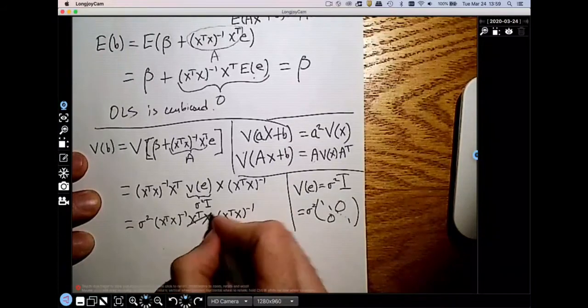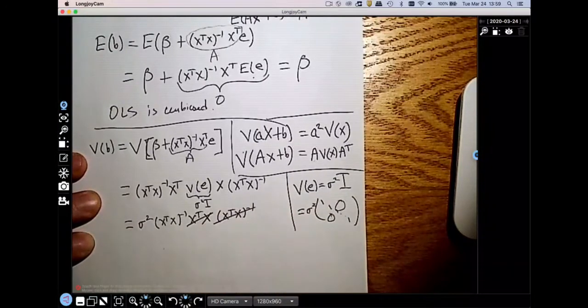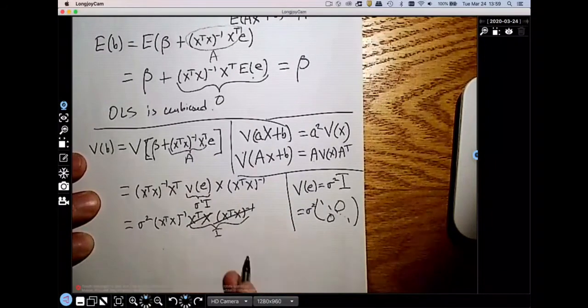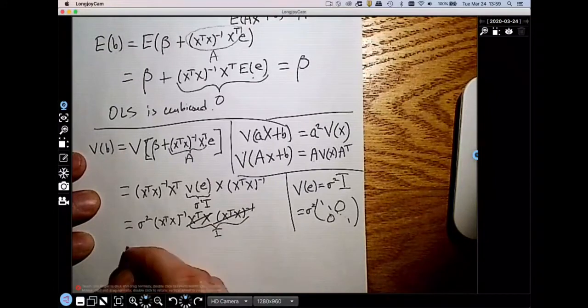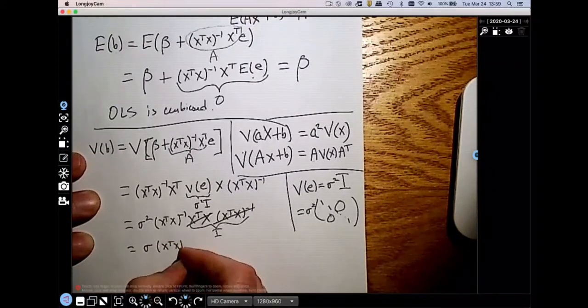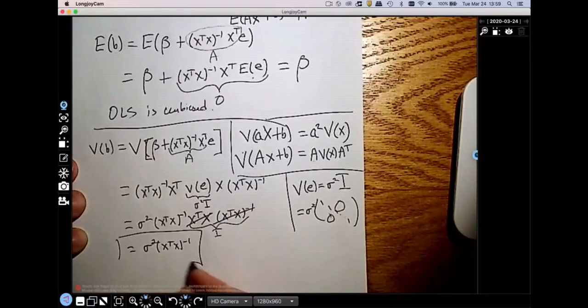Notice that these two things cross out. So this is just another copy of I. Multiply something by its inverse, you get I. And so you're left with X transpose X inverse times sigma squared. And that's the formula for the variance of B.